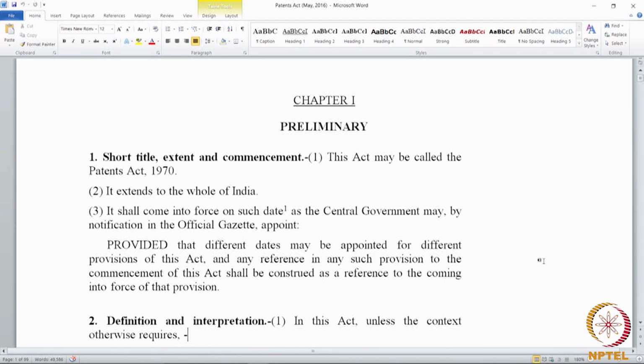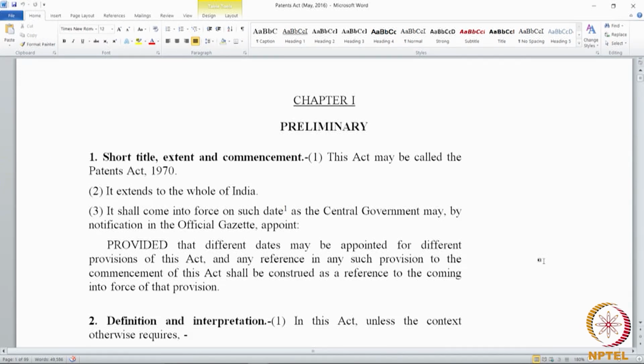Some legislations or some acts may not extend to the whole of India. There could be exceptions, like Jammu and Kashmir may be exempted, the northeastern states could be exempted from the operation of certain laws, but in this case it extends to the whole of India. And the Act can come into force on an appointed time. So it is mentioned that the Act shall come into force at an appointed time.